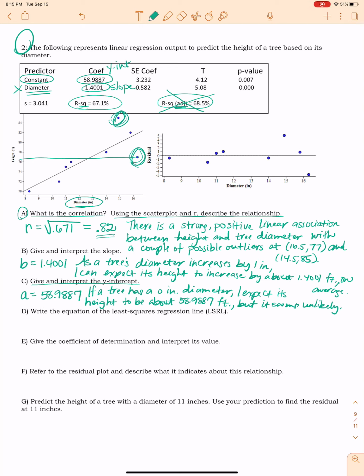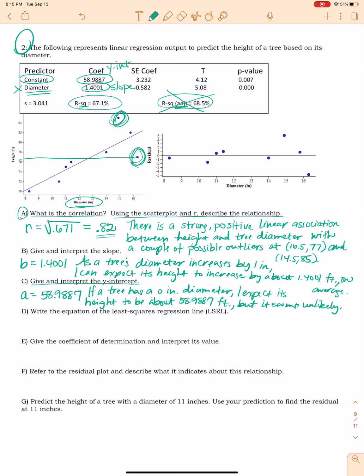Almost 60 feet is really tall, and a tree would need a bigger diameter than 0 inches. Sometimes you will be asked if the interpretation makes sense, and that y-intercept interpretation is the only one that sometimes doesn't make any sense.